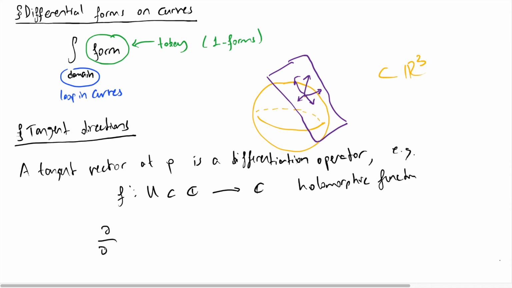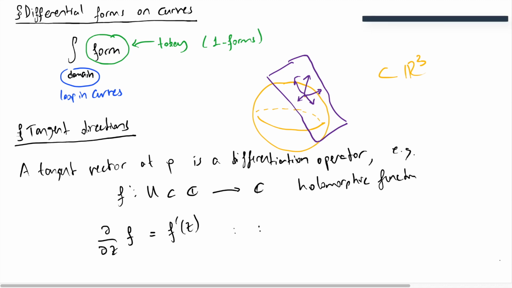So I say that this is differentiation with respect to the variable z of f. This is a differentiation operator that takes any function and gives me a function. That's what we call the derivative of f. In fact, this ∂/∂z should be viewed as a collection of vectors, because I can do this at every point.